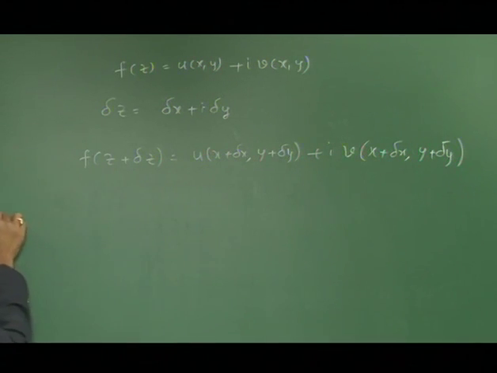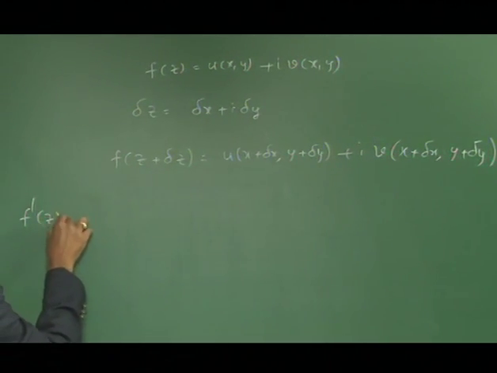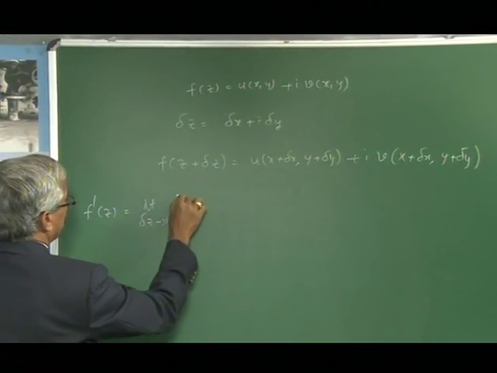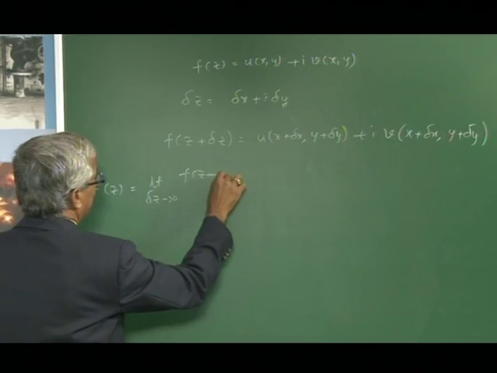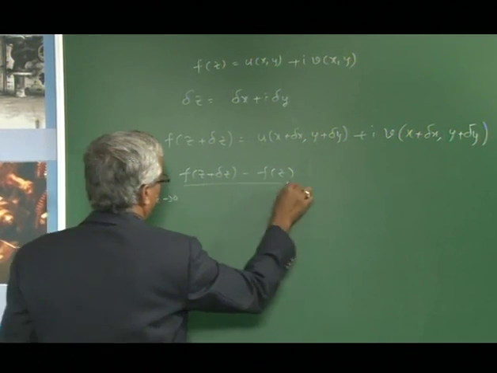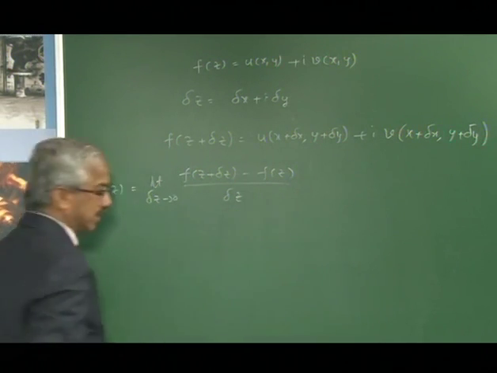Therefore, f dash z is equal to limit delta z tends to 0 of f of z plus delta z minus f of z divided by delta z.